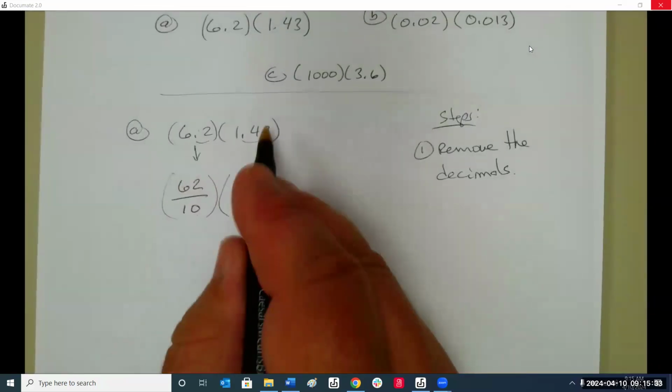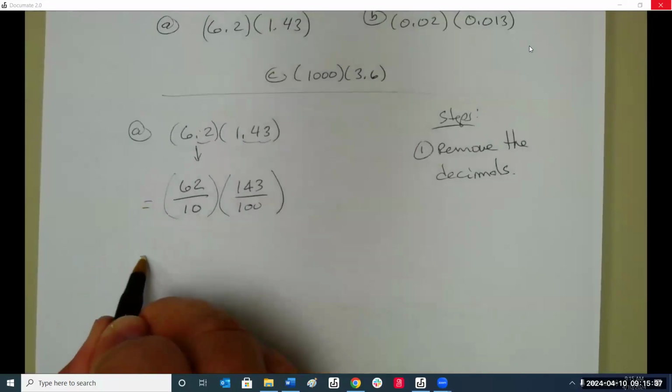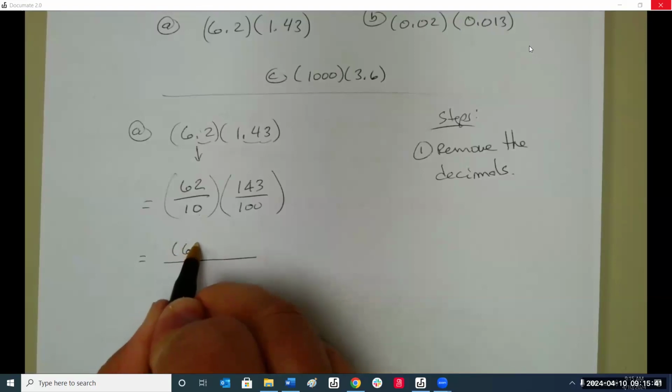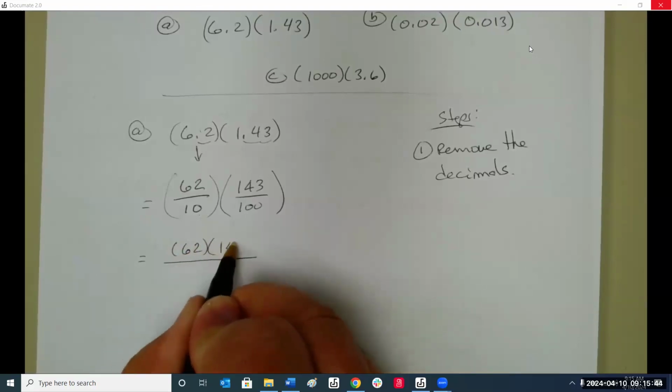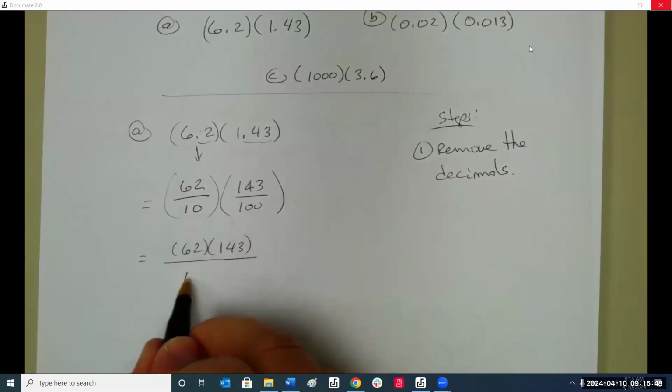These are the same numbers, right? So all we have to do now is multiply 62 times 143, 10 times 100, just count the number of zeros.